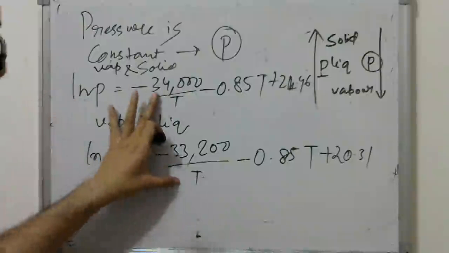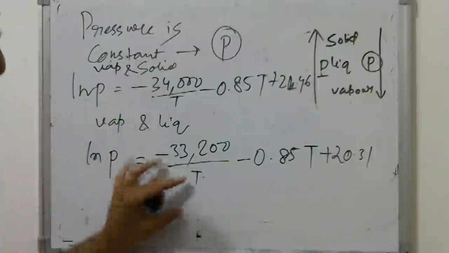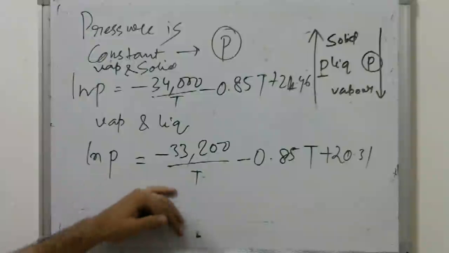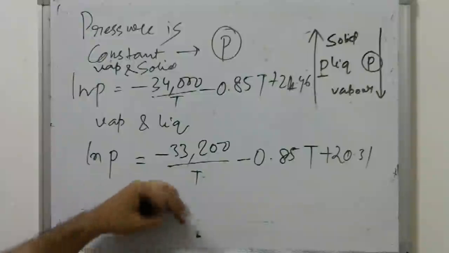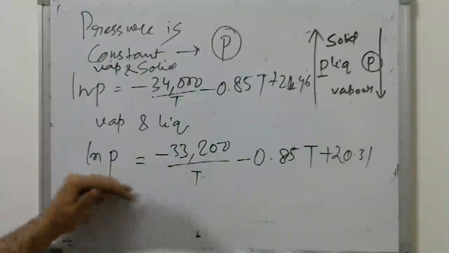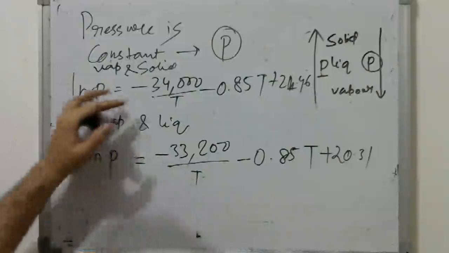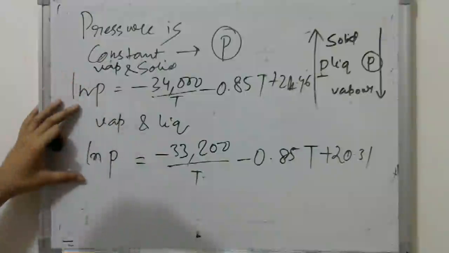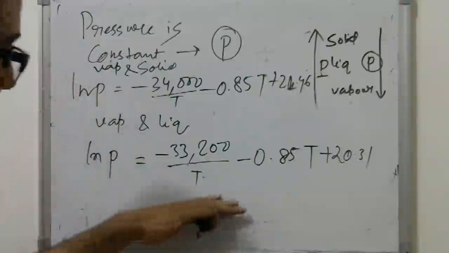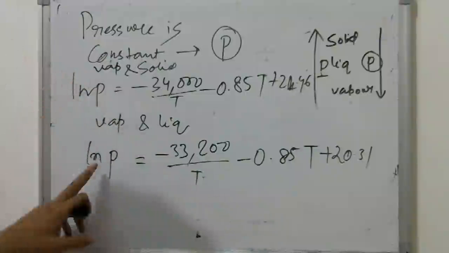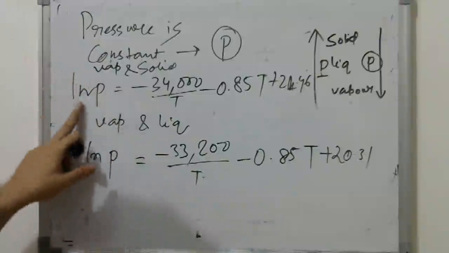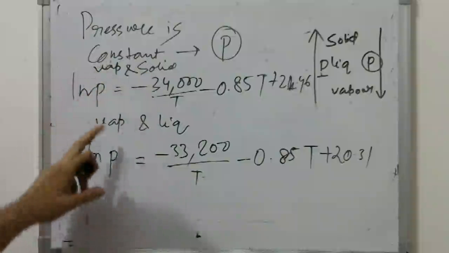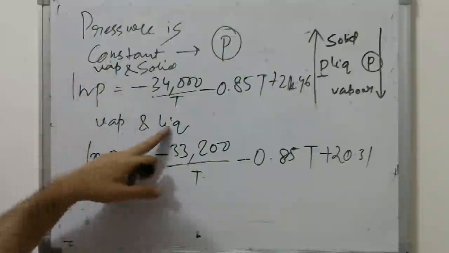So if I just equate these equations, what will it give me? It will give me a temperature at which the vapor pressure of the material on the solid is equal to the vapor pressure of the material on the liquid.